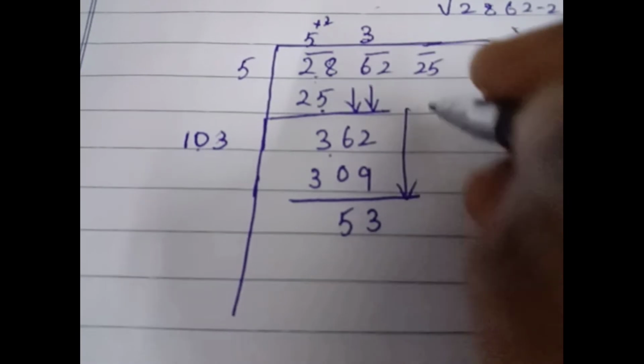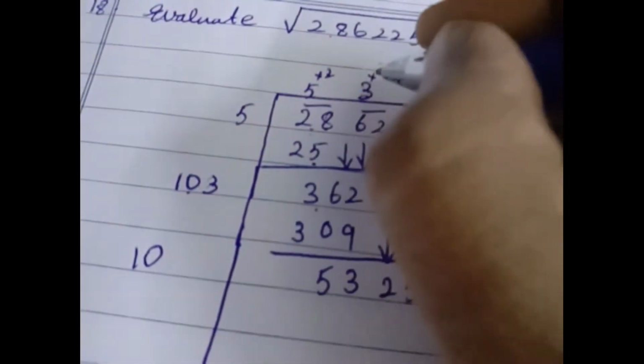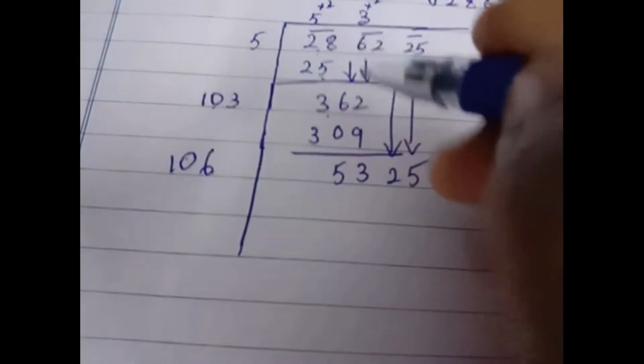Then bring both the numbers together. 53 into 2, which is equal to 106. Now see the square number which you multiply with 106 to get equal or lesser than 5325.